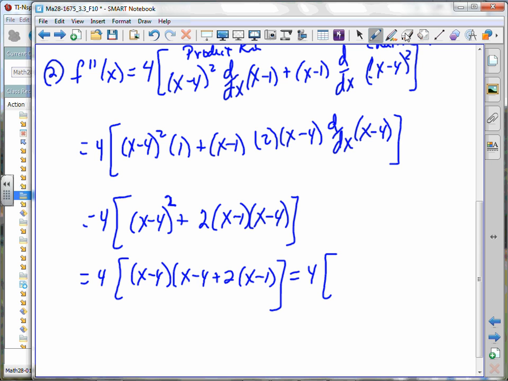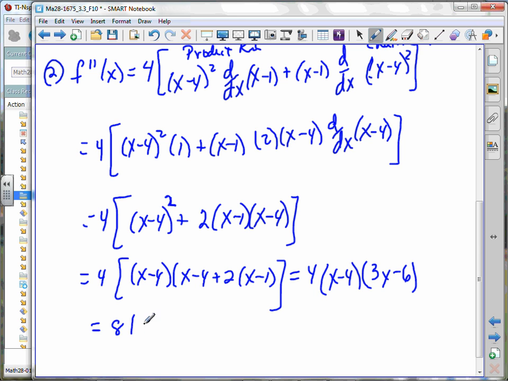So let's see here. 2x and x should be 3x. Negative 4 minus 2 is negative 6. So it looks like I can factor a 2 out of here.